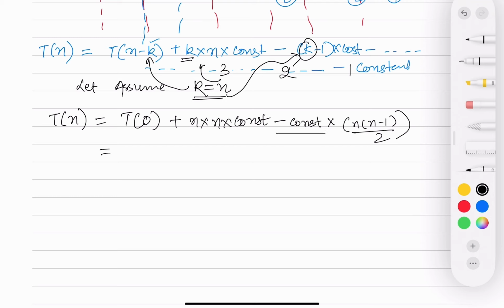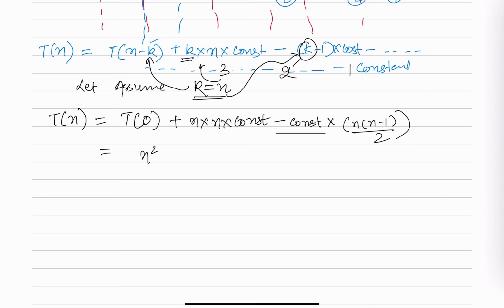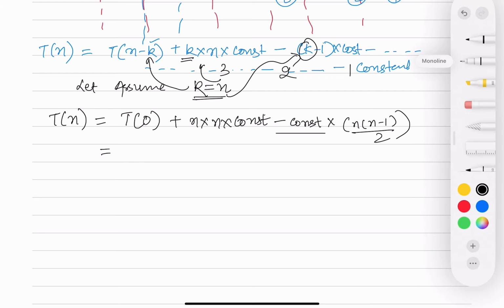So what did you get? T of 0 is 0. There is nothing, correct? If you don't have any element, you don't need any time. So you get n square minus constant into n into (n minus 1) by 2.